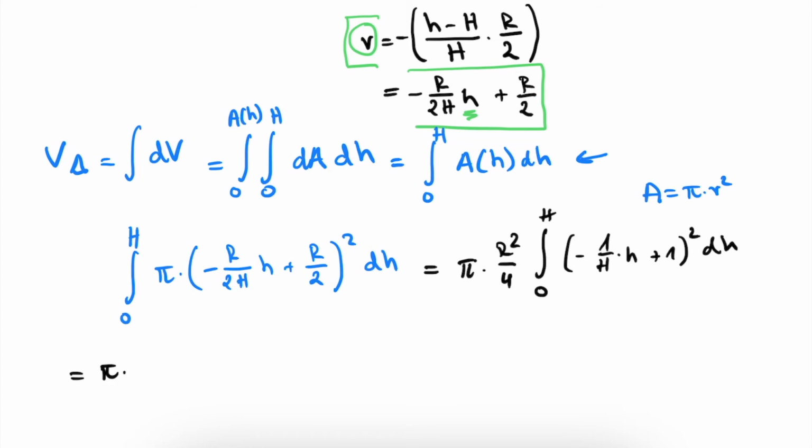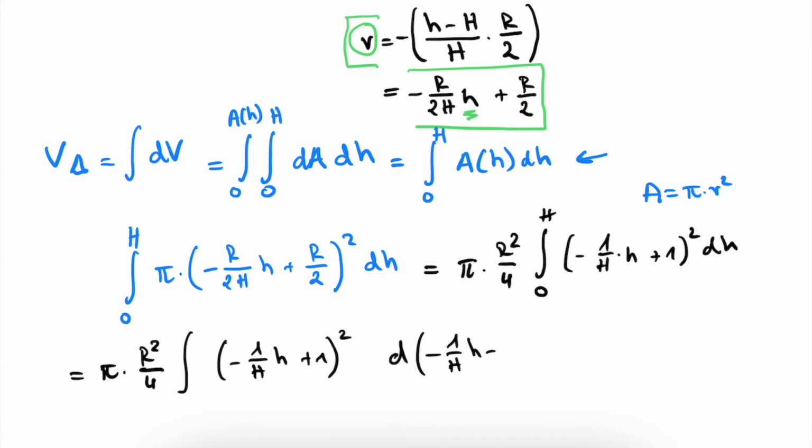So we have pi multiplied by R squared divided by 4 of the integral of the following. So we have (minus 1 over capital H times h plus 1) squared times d of (minus 1 over capital H times h plus 1).